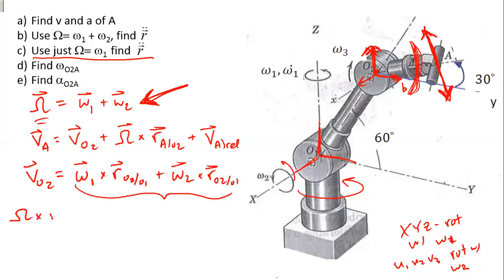Then it's just like another one that you set up. So now when I do this one, I've got omega 1 plus omega 2 crossed into my RaO2.